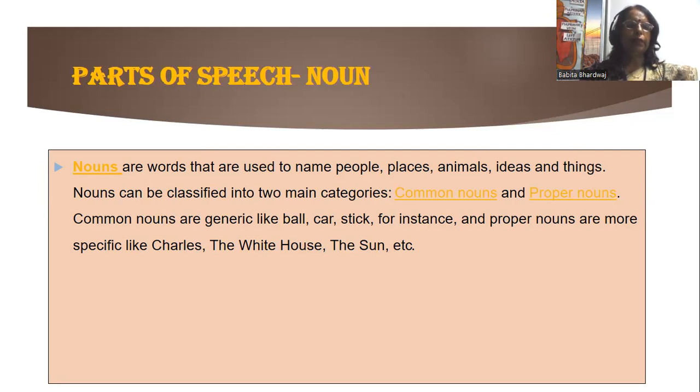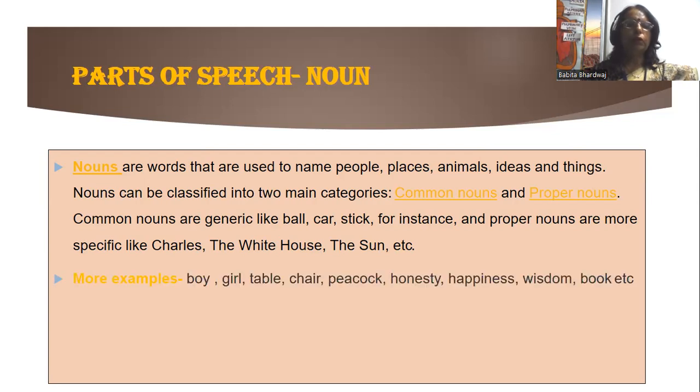For example, the names. Here the name is Charles. There may be any other name, for example, Ram, Sham, Sita, Gita, or any other name. And the White House is also specific in nature. Similarly, the sun. So you can see that these are the two common categories that we have discussed.